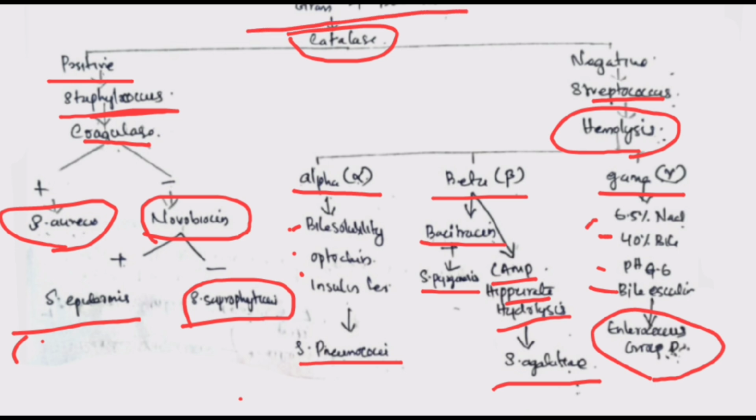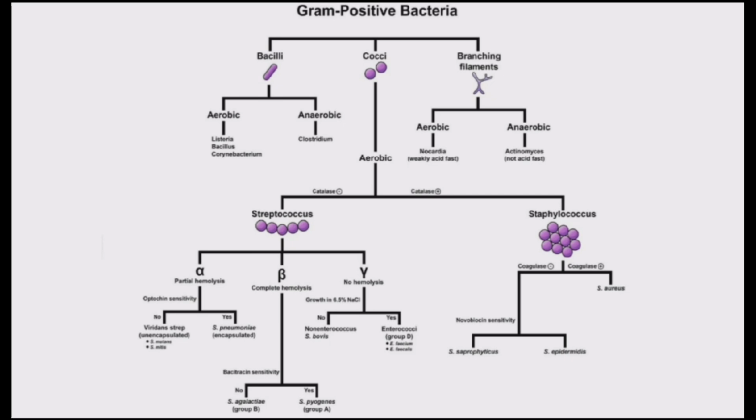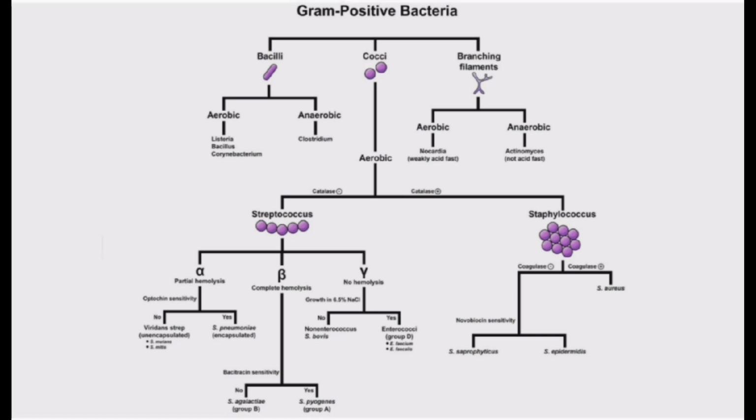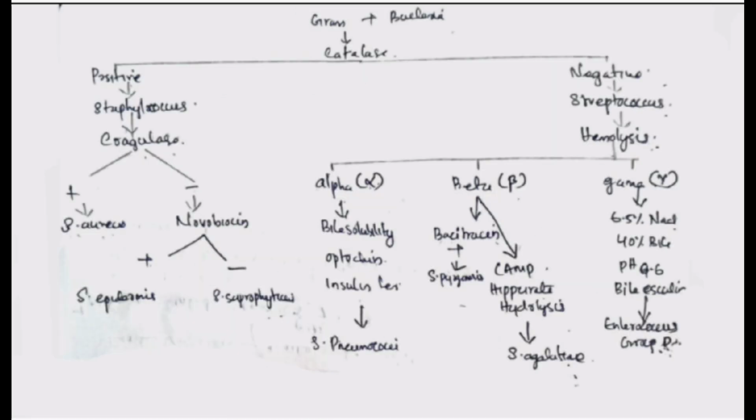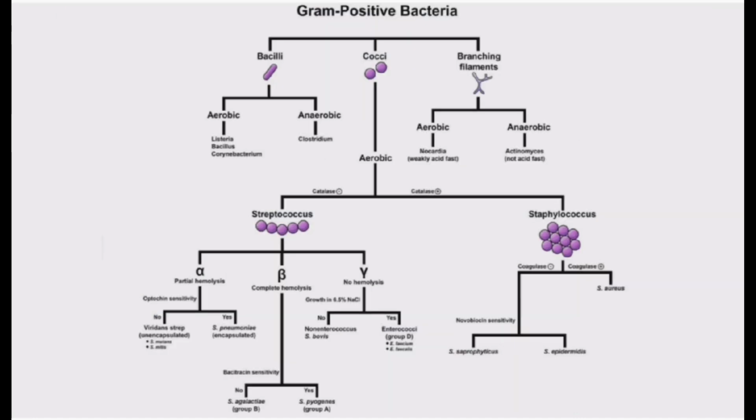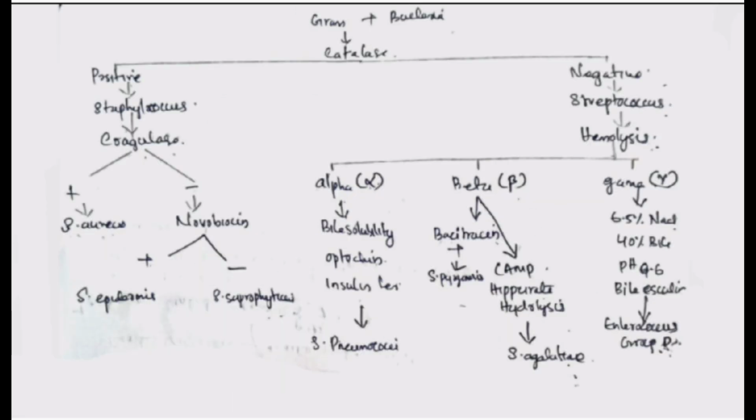In this video lecture, we have completed the classification of gram-positive bacteria and also the detailed classification of cocci. This provides a basic outline of all gram-positive bacteria. If you study these concepts carefully, you will have a strong foundation and can easily build on it to learn the other details.